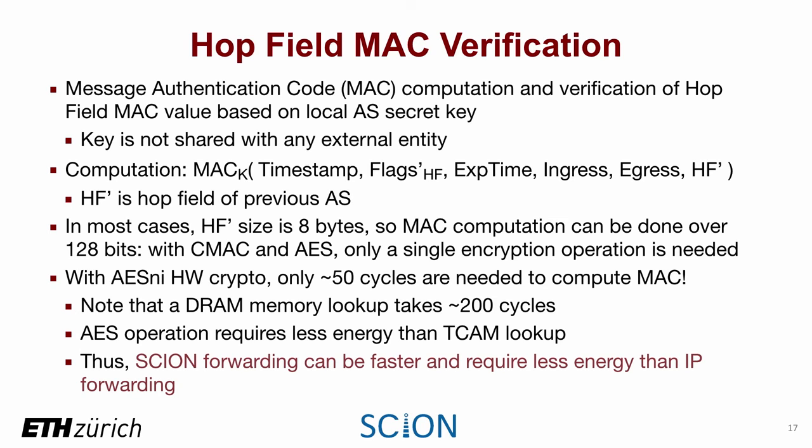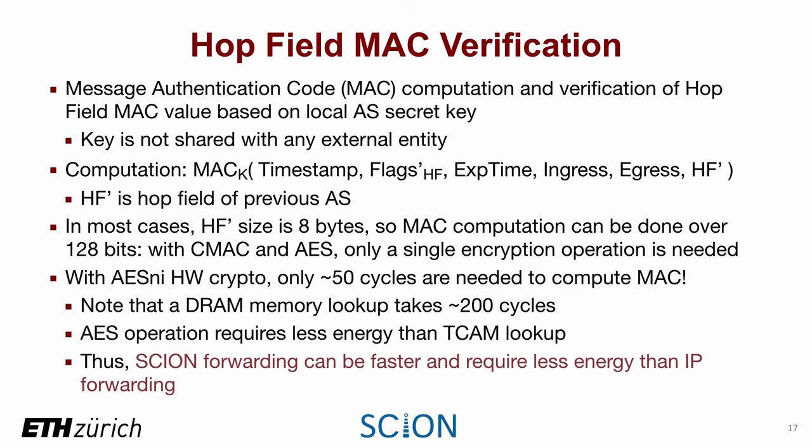The computation of the MAC in the hop field looks as follows. The MAC is computed over the timestamp in the info field, the flags, and the expiration time, the ingress and egress interfaces, as well as the previous hop field. So all the hop fields are chained together through these MACs. And this chaining prevents attacks where an adversary attempts to combine arbitrary hop fields together to create arbitrary paths.